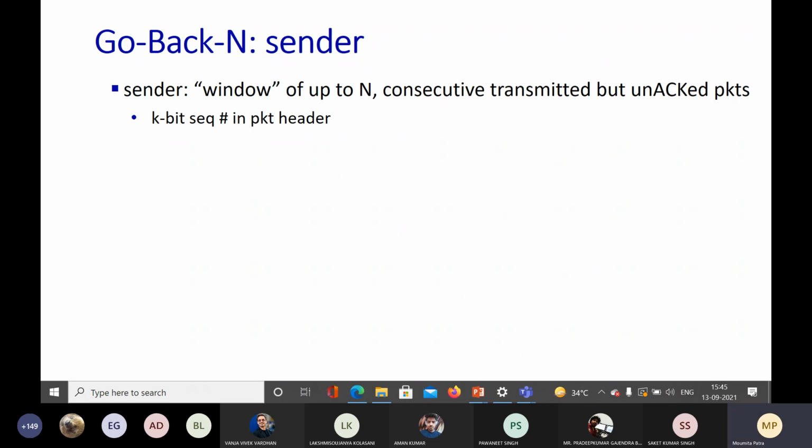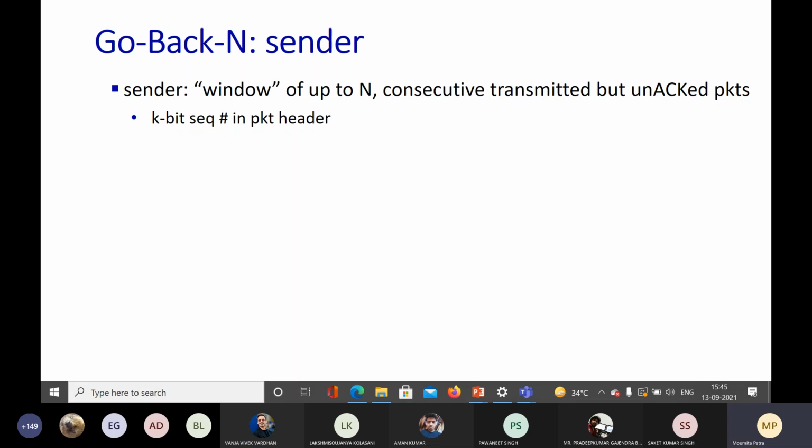All right. Earlier we only had stopping and waiting. Now we have acknowledgements which are cumulatively coming and packets which are cumulatively being transferred. So we must have some kind of protocol which will take care of such a scenario. This is when we get into the protocol known as the go back N protocol.